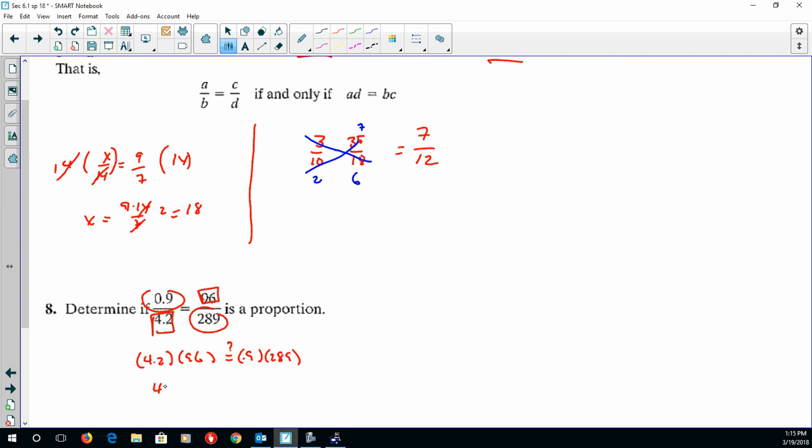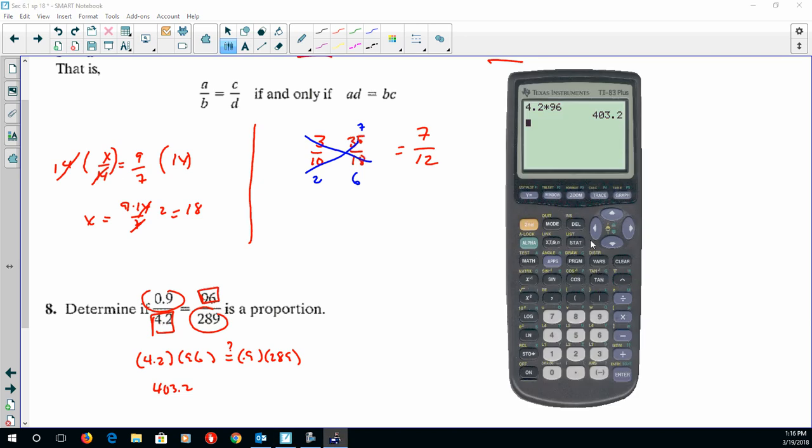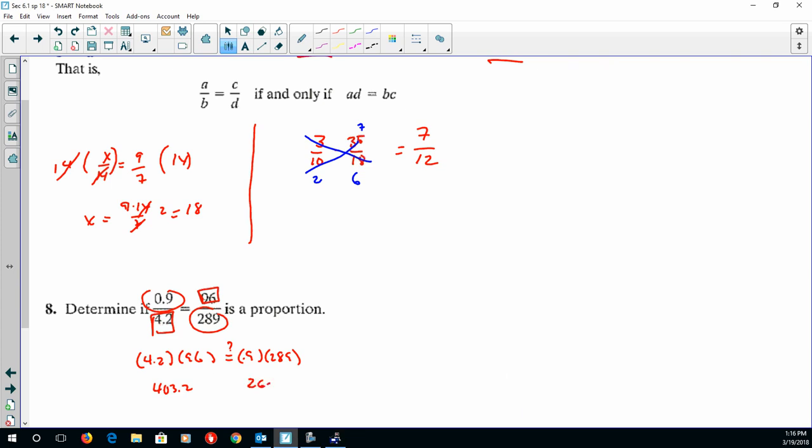And let's see what the other one is. 0.9 times 289. I don't think this is going to be the same. 260.1. These are not equal. A proportion is an equality. If this is not an equality, then that's not a proportion.